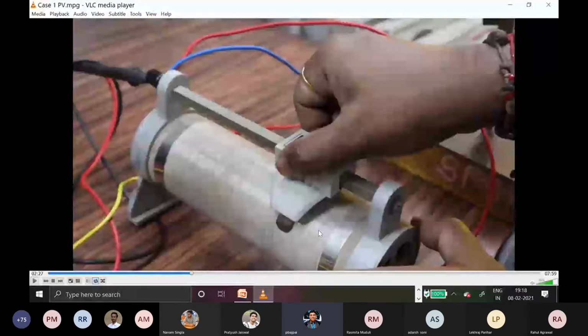So now we have connected the load with the switch S1 and we are increasing the load.